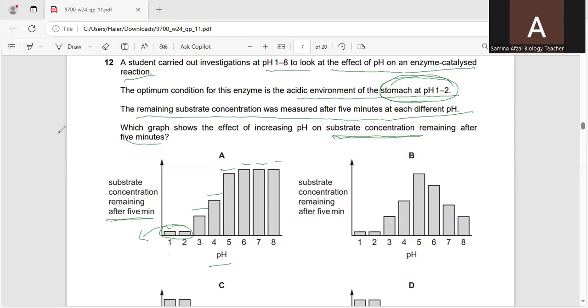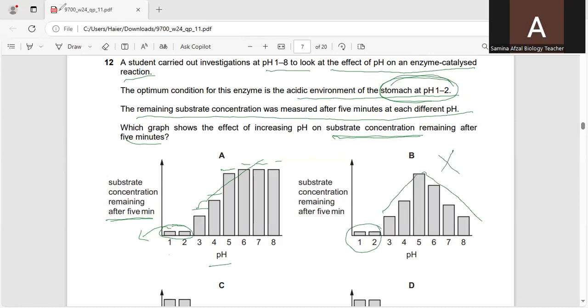So the proteins, or substrate molecules, only digest at low pH. As the pH increases, the rate of digestion decreases, so too much substrate concentration remains behind. In the other graph, the first part is correct, but it is increasing and then decreasing. So B is not the correct option.